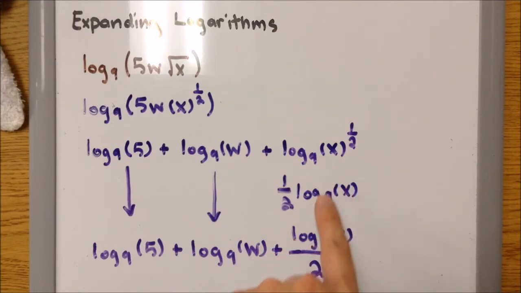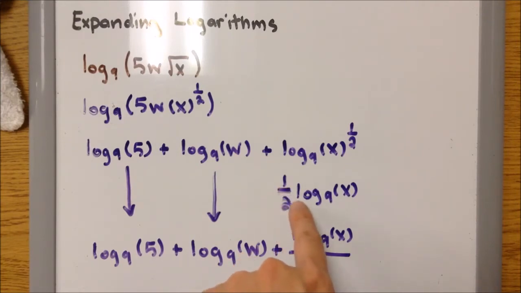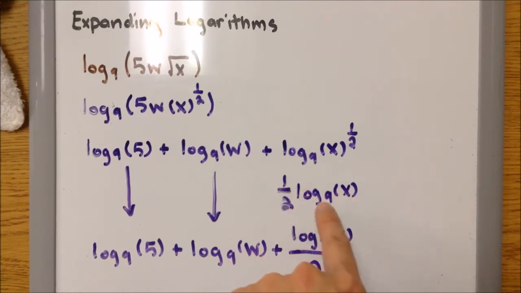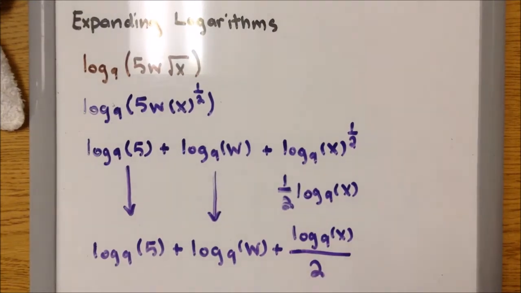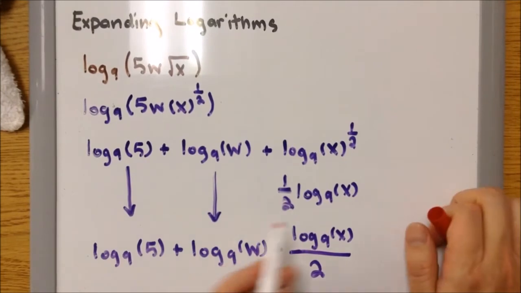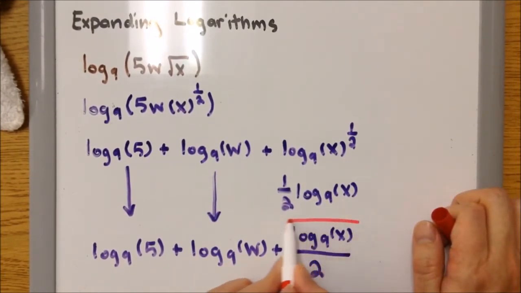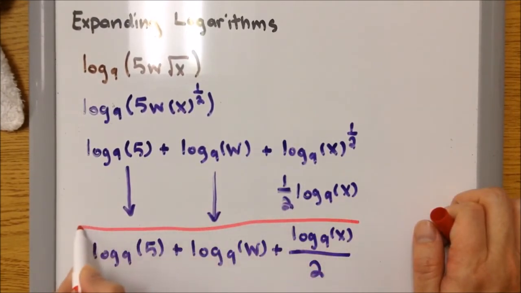So we use the power property, move 1/2 into the front of the log, and then I multiply 1/2 to log base 9 of x, so simply 1 times log base 9 of x, or the log times the numerator, which is why I got log base 9 of x over 2. Since there's nothing else we could do, this is our answer.